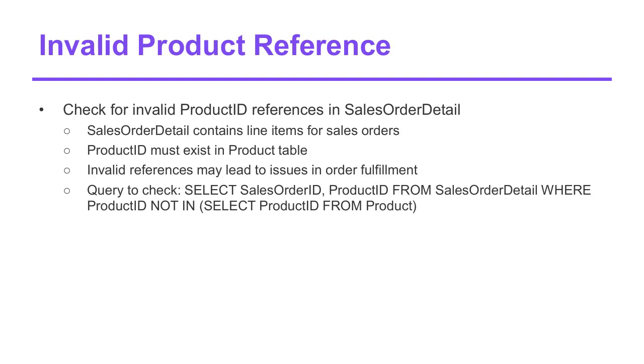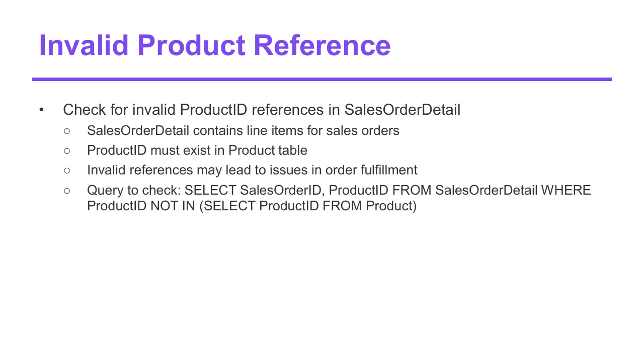In the sales order detail table, each line item represents a product sold in an order, and it's crucial that the product ID for each line item exists in the product table. If there are invalid product ID references, meaning product IDs that don't match any entry in the product table, it can cause problems during order fulfillment because the system won't be able to link products to the details properly.